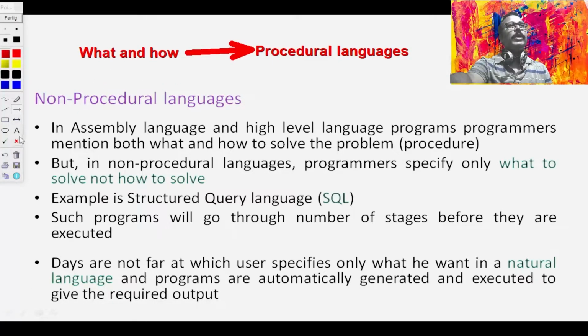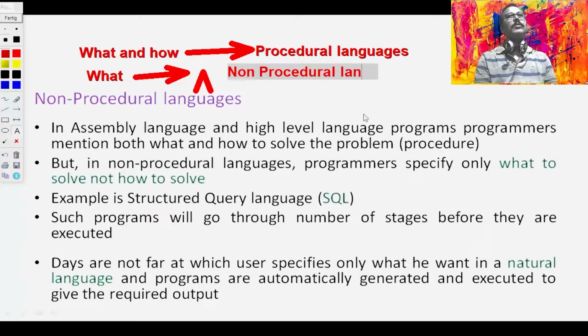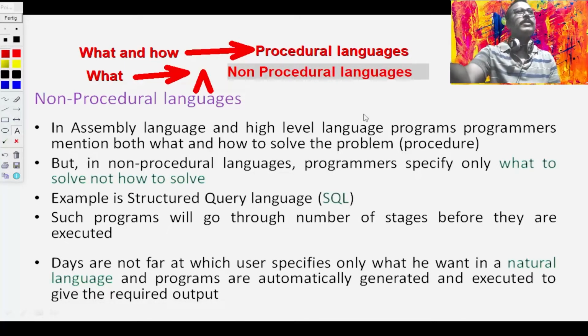If you specify only what, but not how, then they are called non-procedural languages.